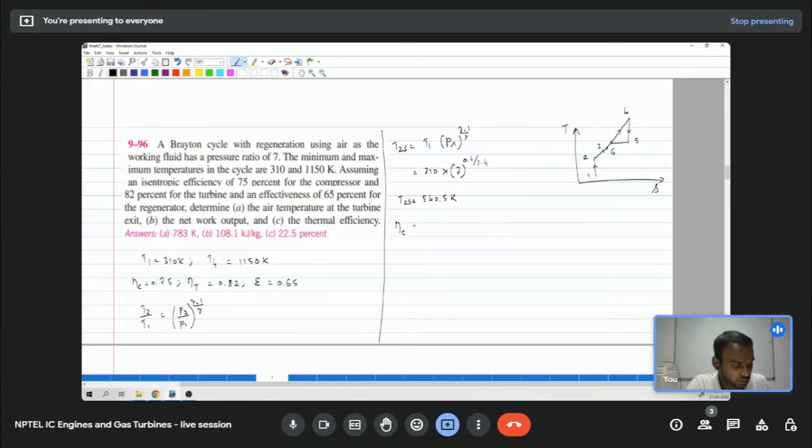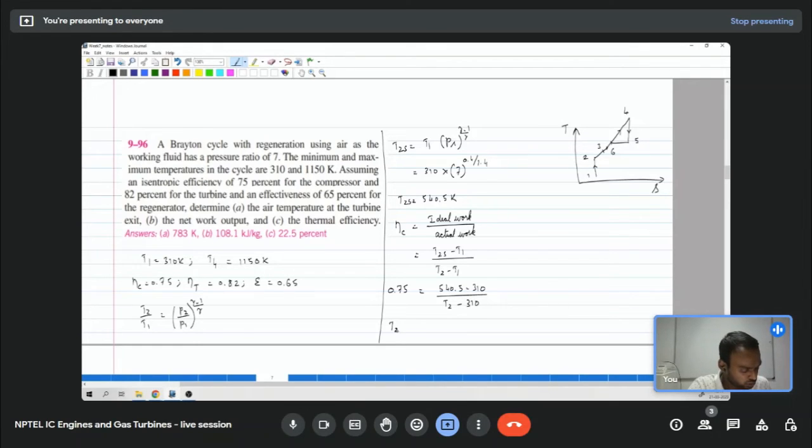So isentropic efficiency of the compressor is ideal work by actual work. That is T2S minus T1 divided by T2 minus T1. Isentropic efficiency of the compressor is given as 0.75, which is T2S, 540.5, minus T1, 310 Kelvin, divided by T2 minus 310.